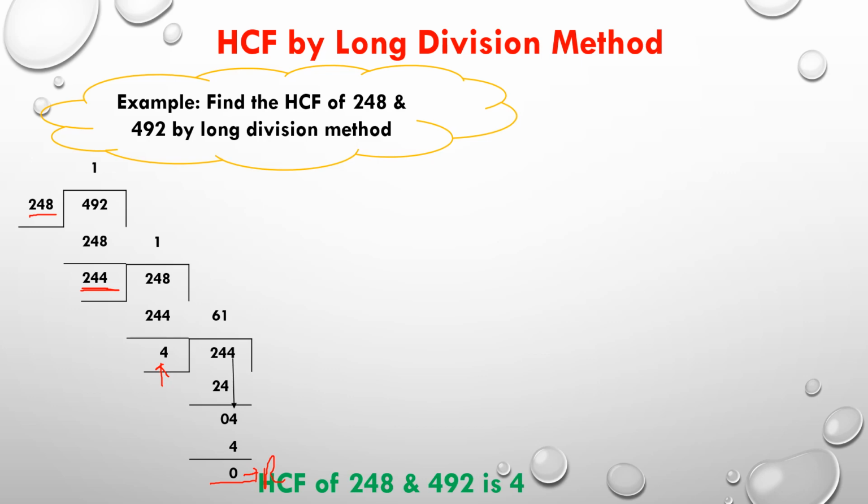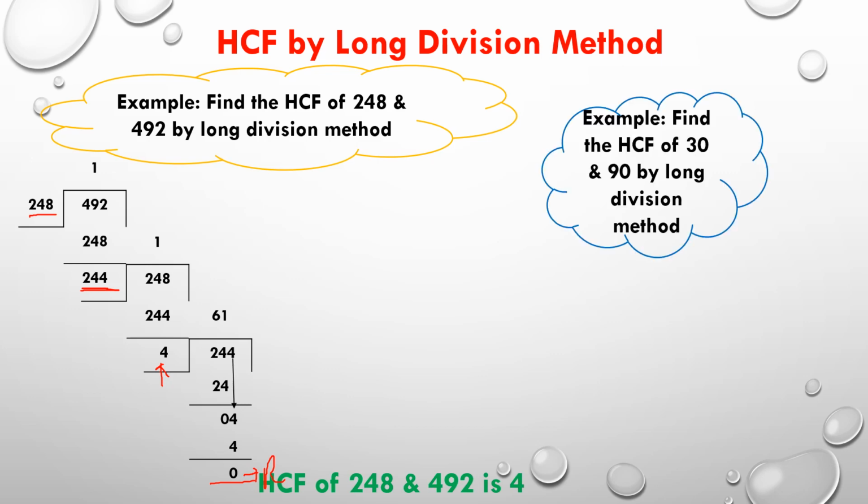Okay. Let's take one more example. Find the HCF of 30 and 90 by long division method. So what is the greatest number here? 90 and the smallest one 30. So I am going to divide 90 by 30. When I do that, 30 times 3 is 90 and my remainder is 0.